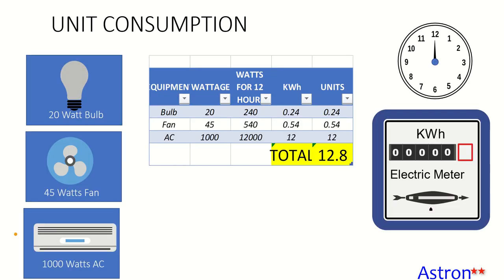If we keep all these three appliances on for 12 hours, and our meter is reading 000, after 12 hours how many units will it increase? So let's see that.